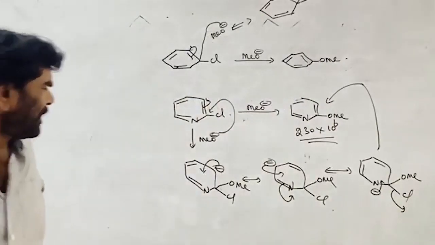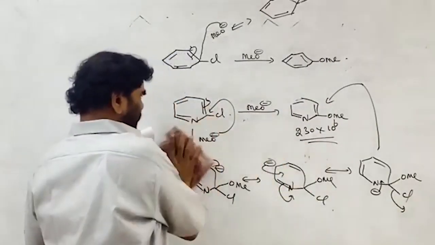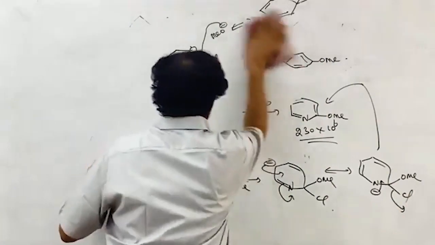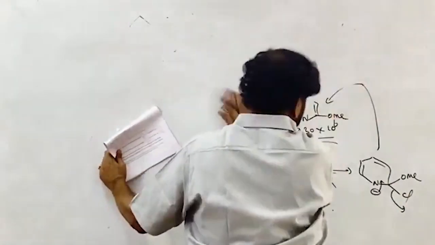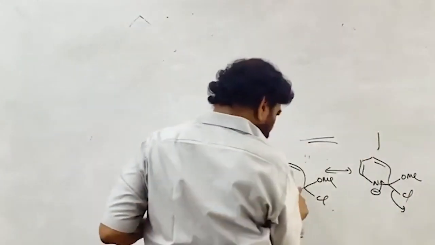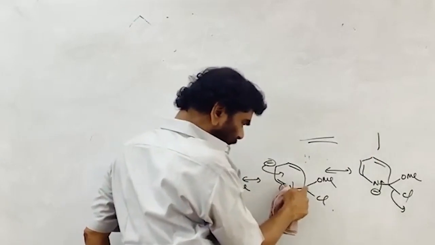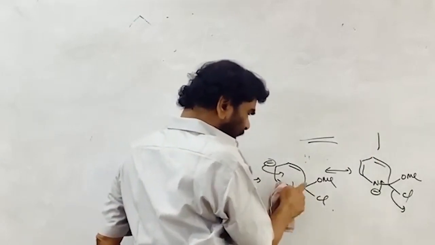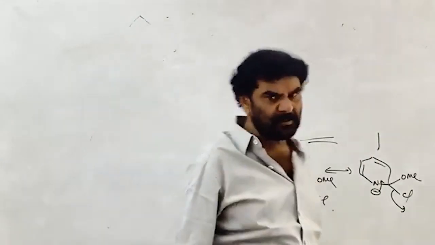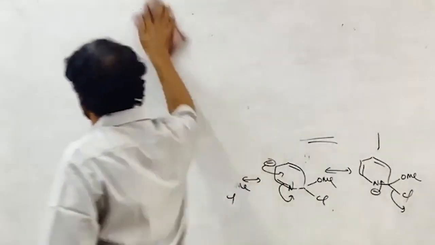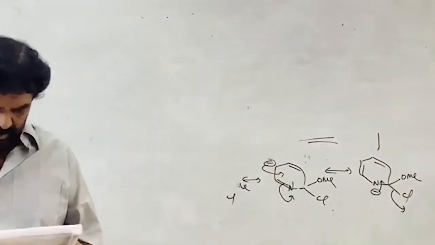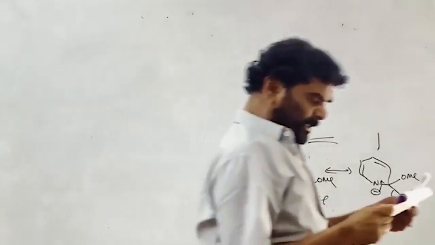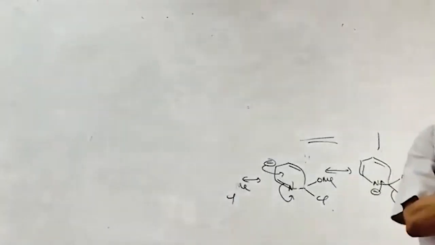Moreover, the carbon-nitrogen bond is polarized towards nitrogen, so the amount of positive charge on carbon is more. That is the explanation. B is the correct answer for this.